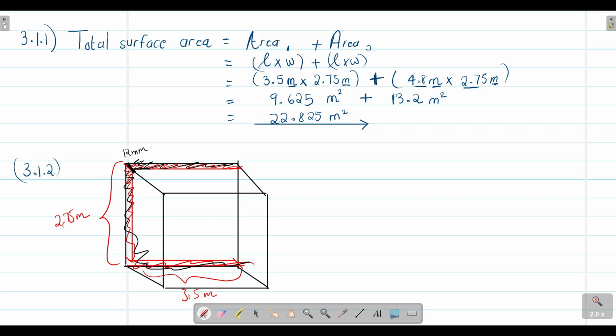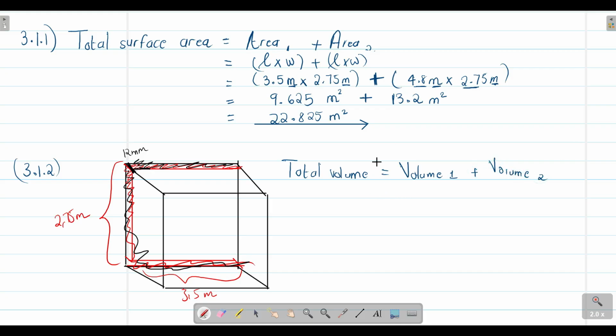We already have the 12 millimeters, we've got the 2.75 meters that shows the height, and we've got the 3.5 meters that shows the width. So to calculate the volume, guys, how do you calculate volume? We will calculate the volume needed for wall number 1 plus the volume needed for wall number 2.